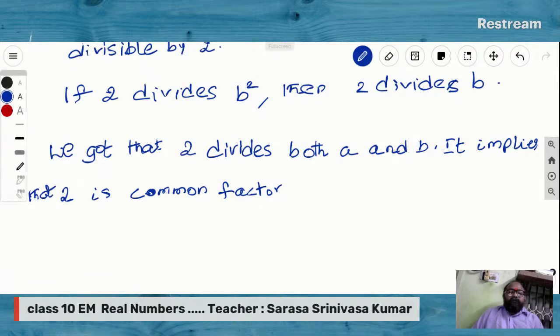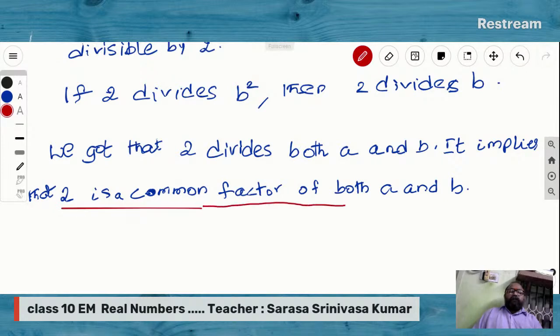It implies that 2 is a common factor of both A and B. So we got this result. 2 is a common factor for both A and B.